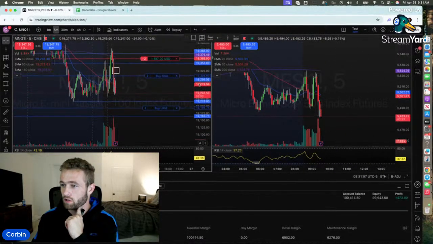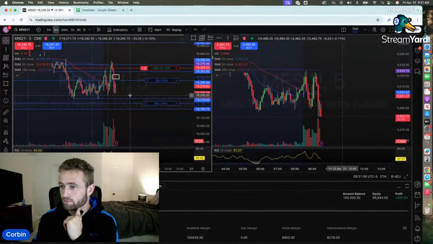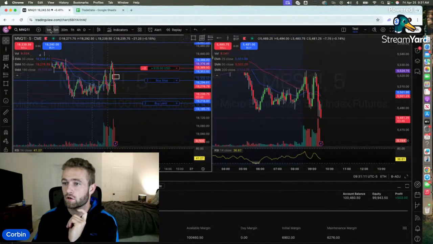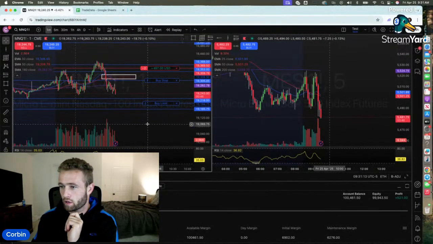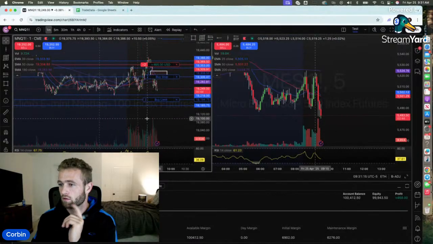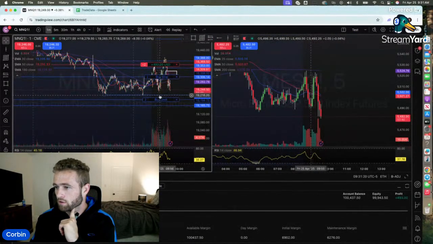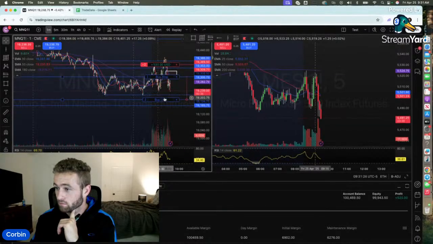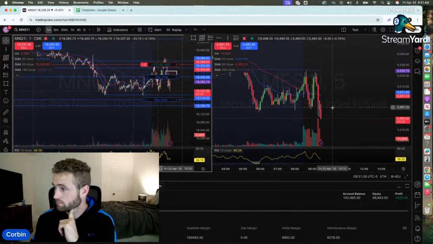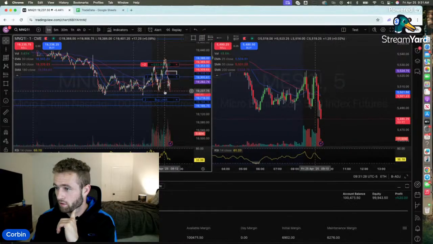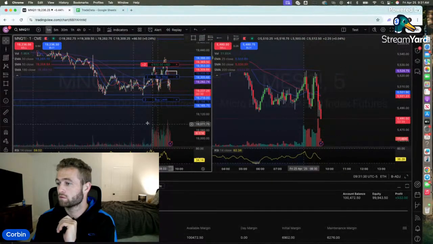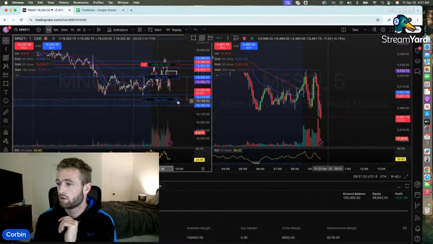Continuation, continuation, continuation. Break below, break of structure. Break, break, break. It's going to have a hard time testing these levels right here. No, maybe not. 5-day, 5-minute bearish. Broke below that level. Trend is in our favor.